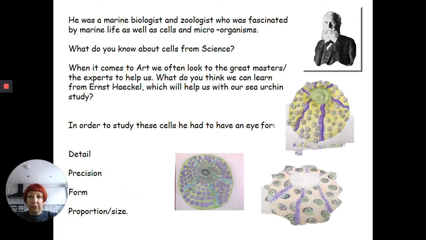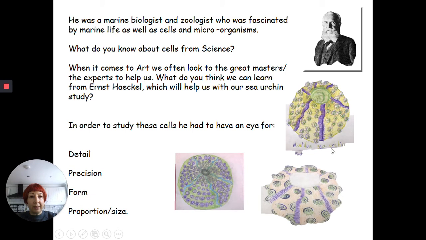Now, I've got some images on the page of some children's work, and I want you to think about their work in the terms of what Ernst Haeckel was very good at. He was very good at detail, precision, form, proportion and size.